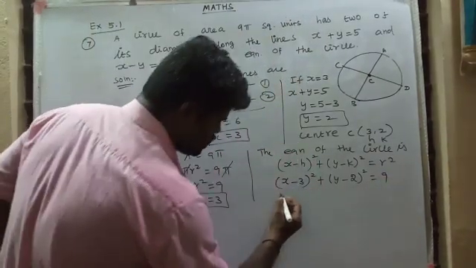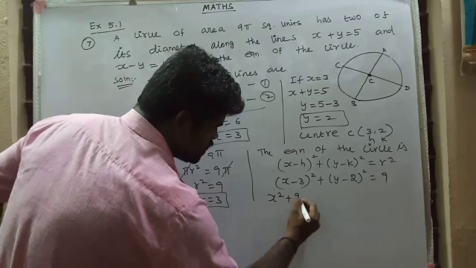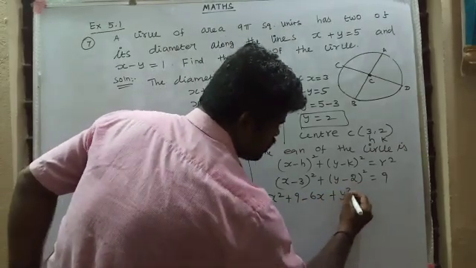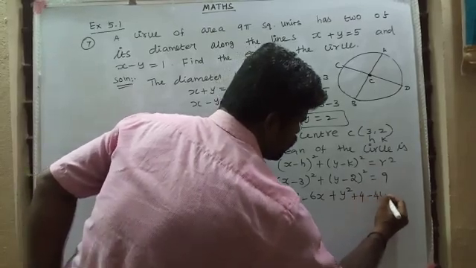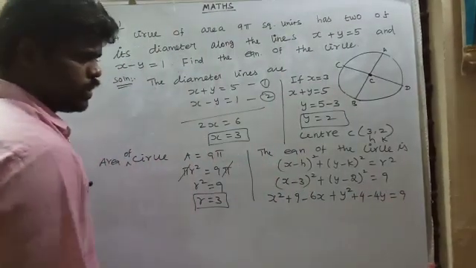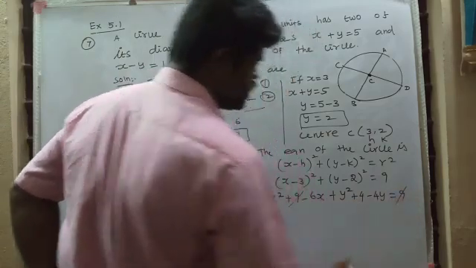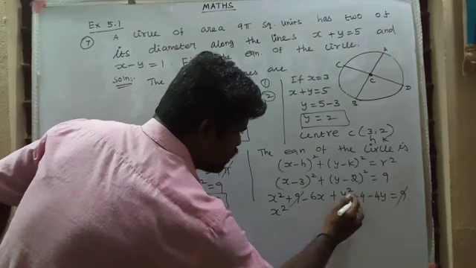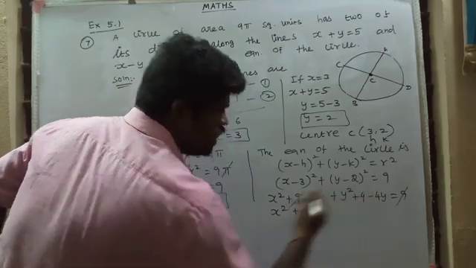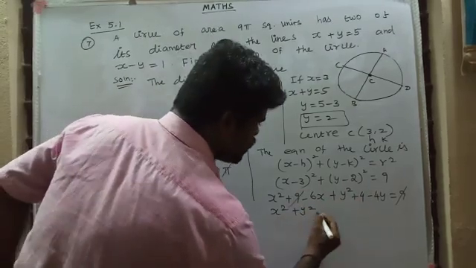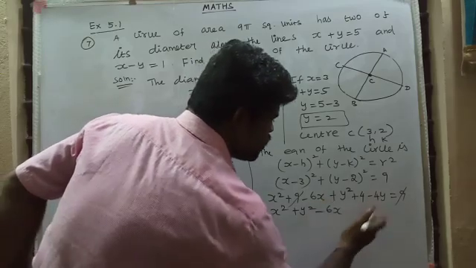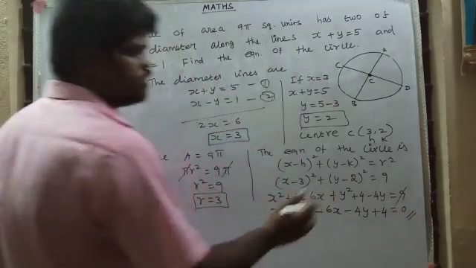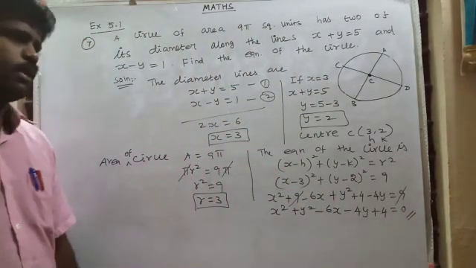We have to simplify these two terms: x² + 9 − 6x, and we expand this: y² + 4 − 4y = 9. Here we cancel this 9 and that 9. Arrange the elements: x² + y² − 6x − 4y + 4 = 0, which is the required equation of the circle. Refer to the sum.